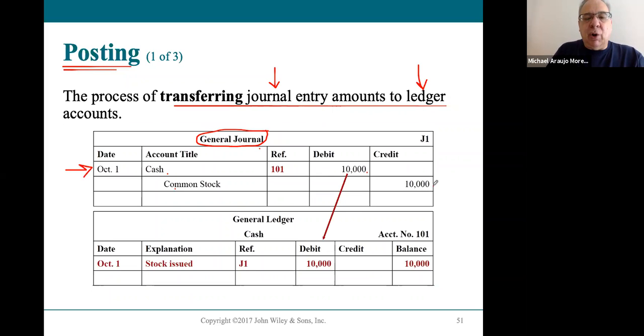Okay. And so what happens to the numbers from then? Well, this $10,000 debit to cash is then posted to the general ledger in the cash account.